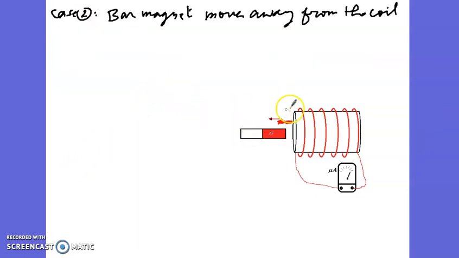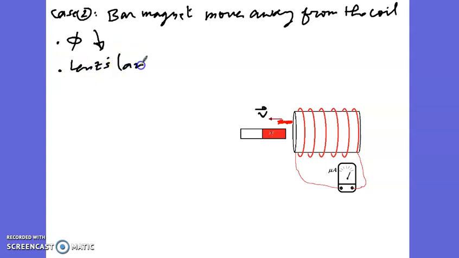So here, case 2, bar magnet moves away from the coil. Step 1, what happened to the magnetic flux linking the coil? You know that. Phi decreases. That's step 1. Step 2, applying Lenz's law.